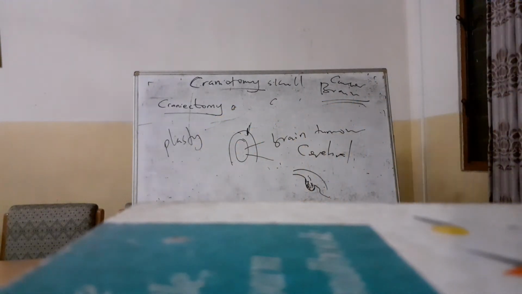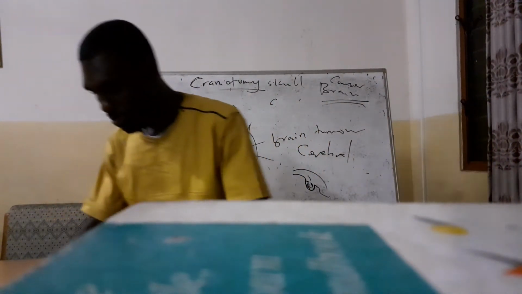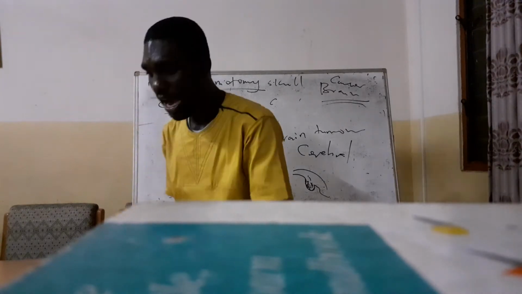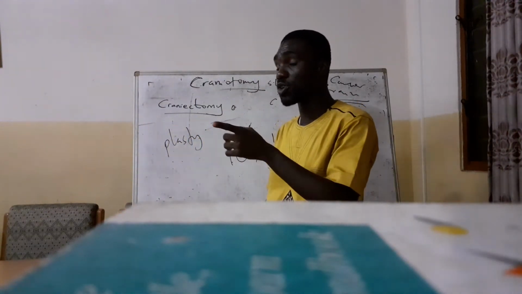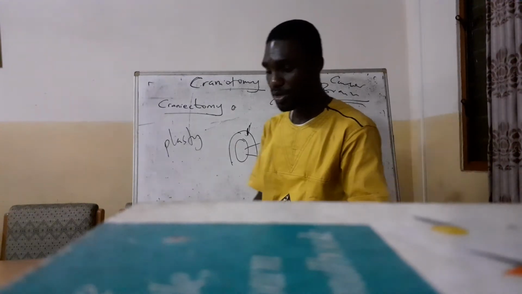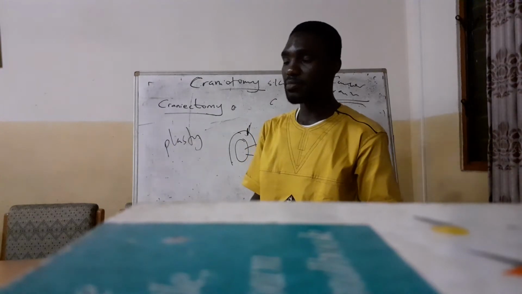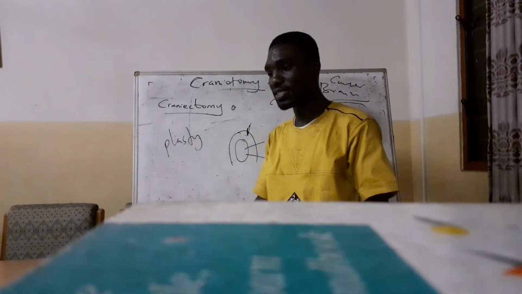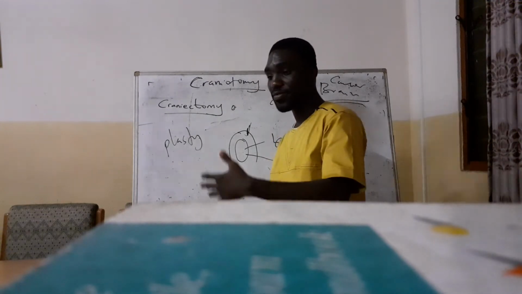The nutritional status should be assessed, so it means that you have to monitor the weight of the patient, right? Before, and then nil per os, 6 to 8 hours prior to the surgery. And then if IV fluids have been prescribed, especially osmotic diuretics, you have to start it. Okay.